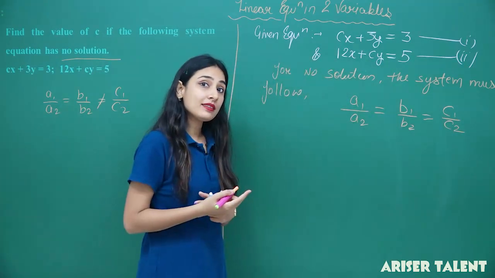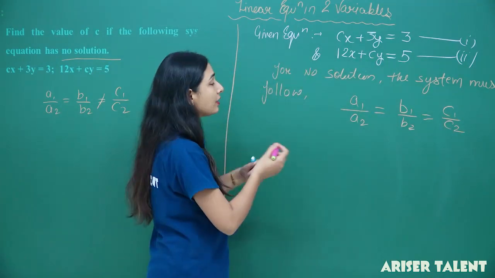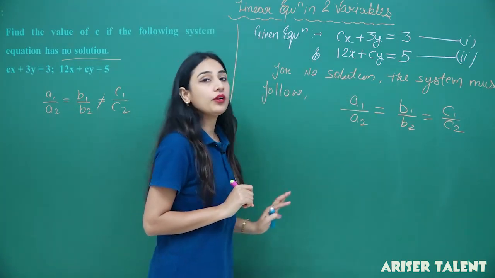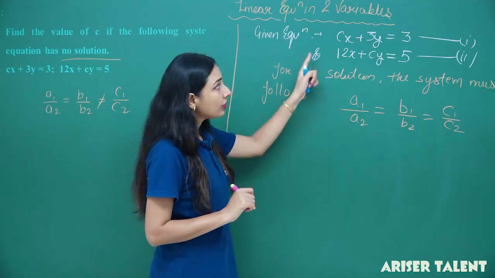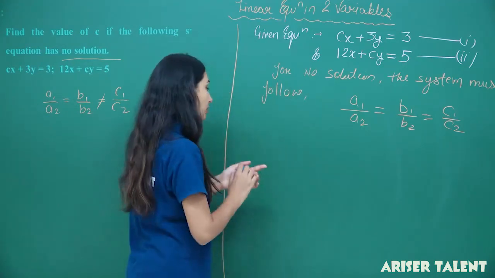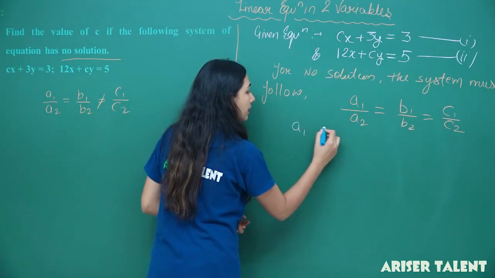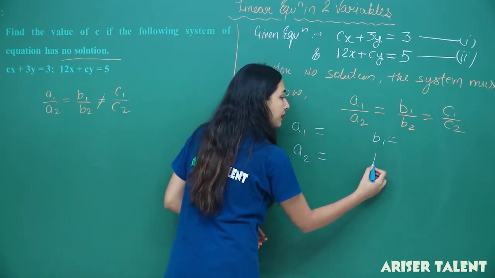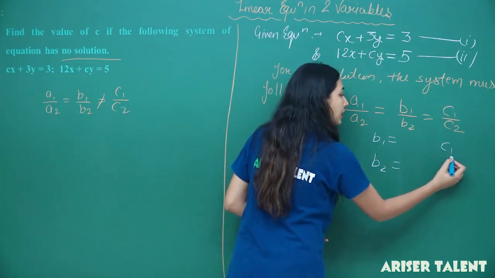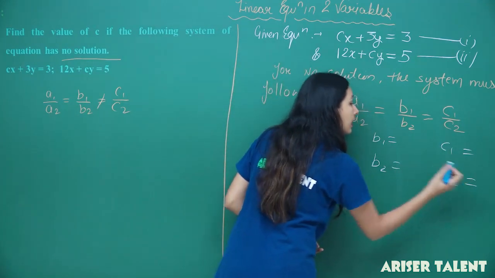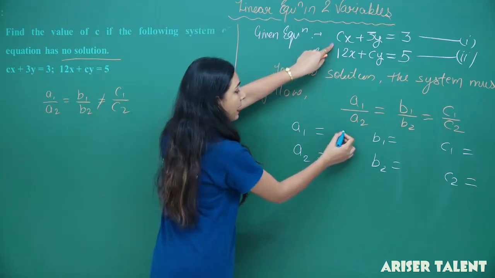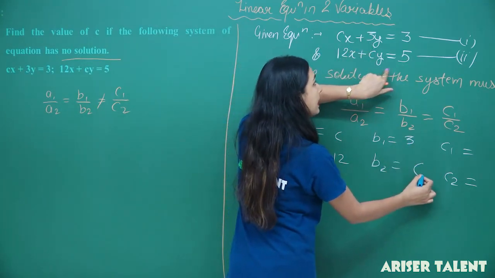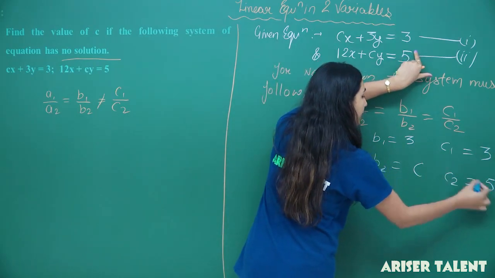Now remember my last lecture, I told you that I am not going to write the standard format each and every time, but you have to write it. When you compare, you will find that A1, A2, B1, B2, C1, C2 values are respectively C, 12, 3, C, 3 and 5.